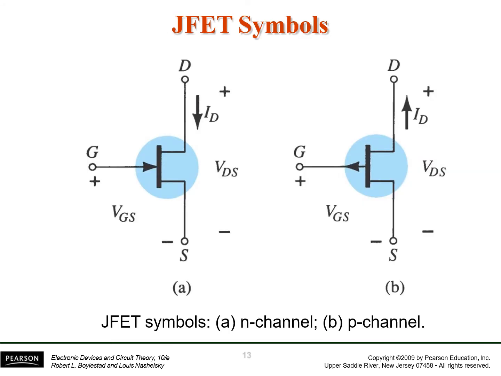Here are the symbols of both types of JFETs. In the N-channel JFET, the gate terminal points towards the device, while in the P-channel symbol, the gate points out of the device.